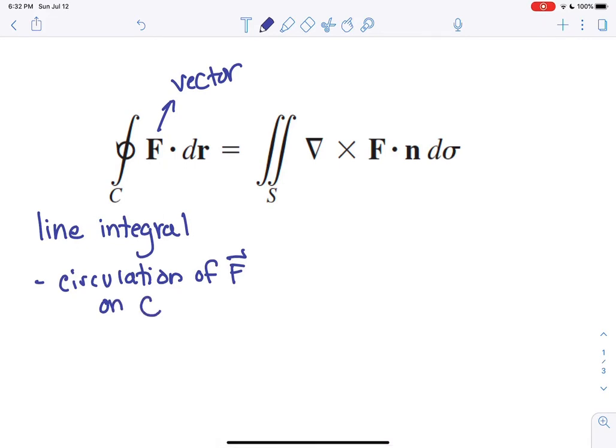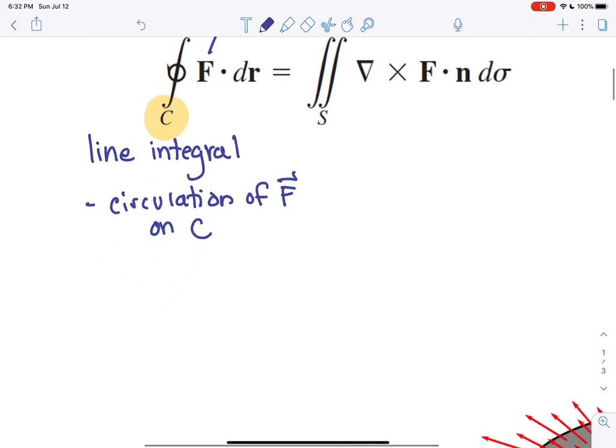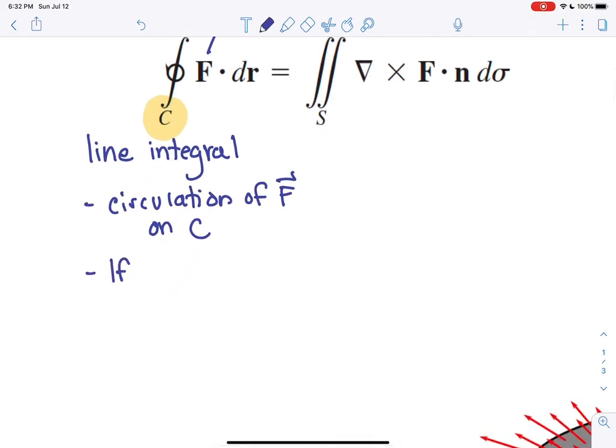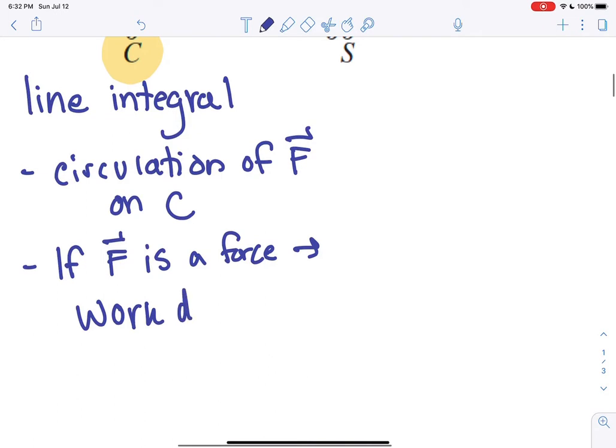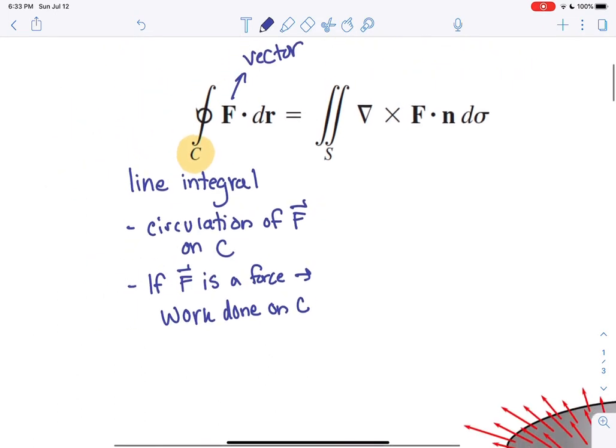So you have some curve C, your path of integration, going through a vector field, and by doing that line integral, you're finding the circulation. And if F is a force, then the interpretation of that line integral would be the work done on C. So that's kind of a review of line integrals.